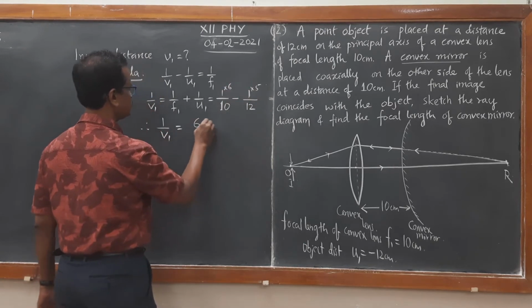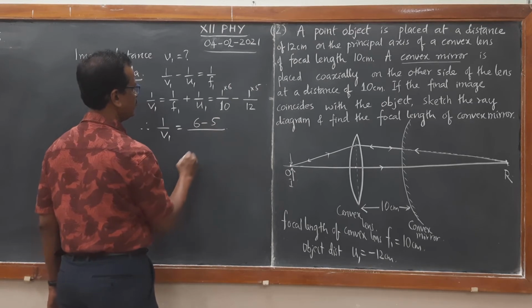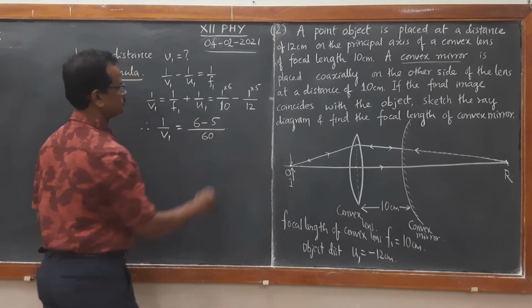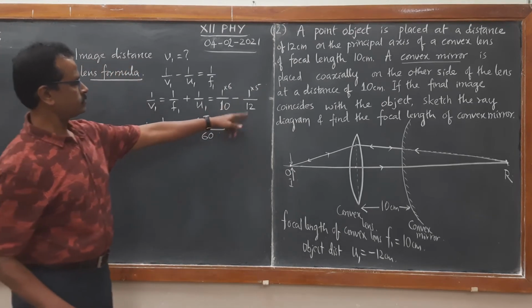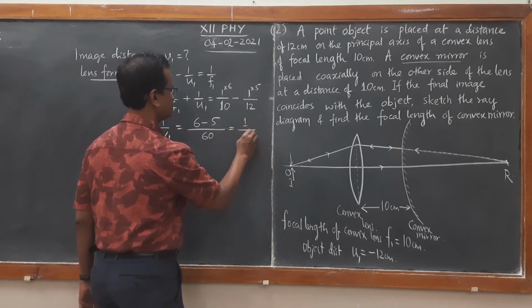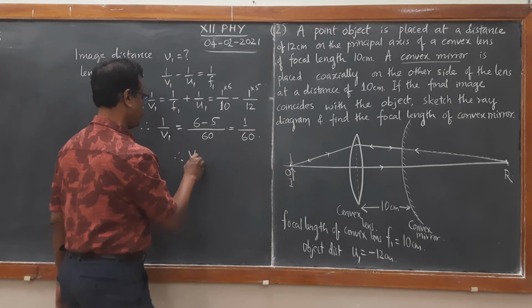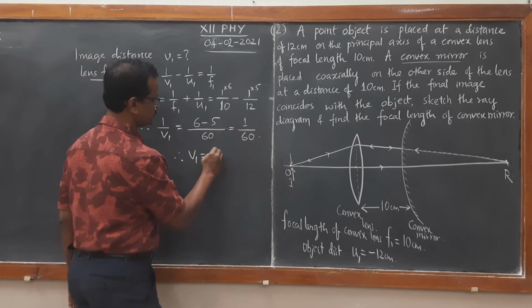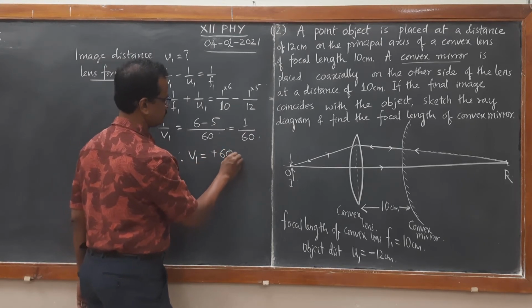So it becomes 6 minus 5 divided by 60, which is 1 by 60. Therefore, the image distance is plus 60 centimeter.